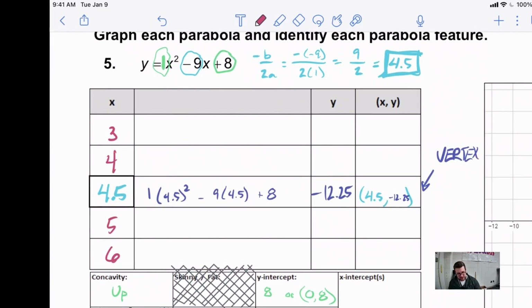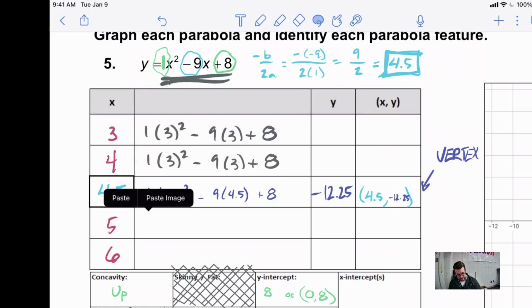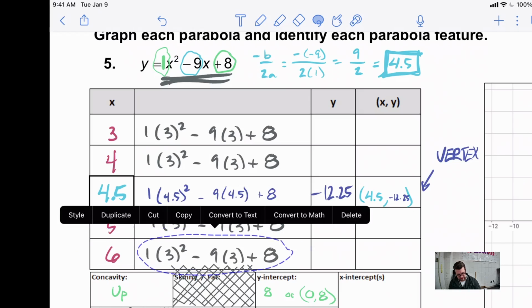So again, the way we do this now is we just plug in those values. So I'm going to have 1 times 3 squared minus 9 times 3 plus 8. We're just plugging those into the original function. And then similarly, I'm going to copy and paste this.